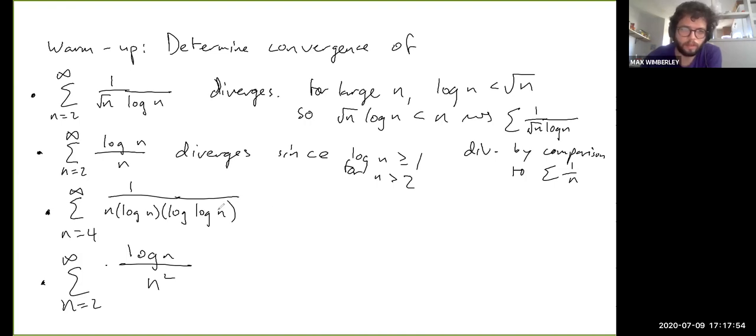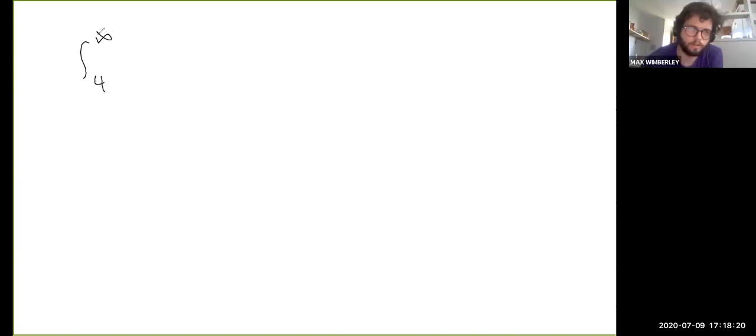I think this one is a pretty good one to actually use the integral test. So if you take f of x equals 1 over x log of x log of x, hold on. So the integral from, let's say, 4 to infinity.